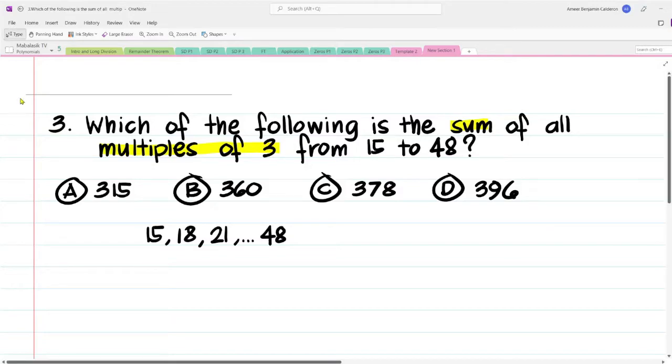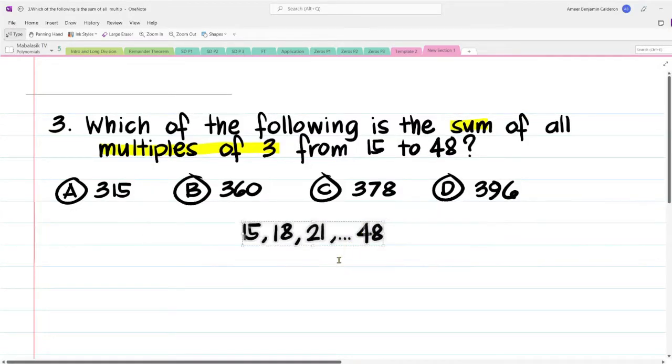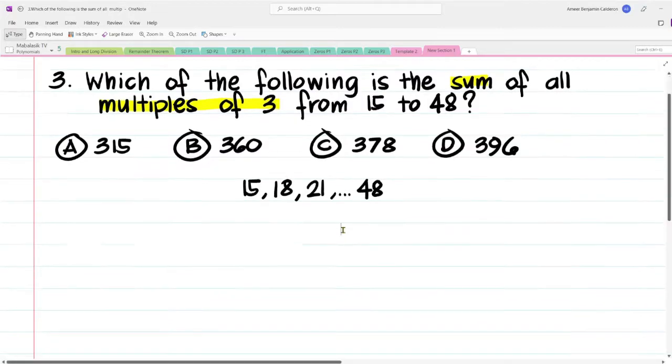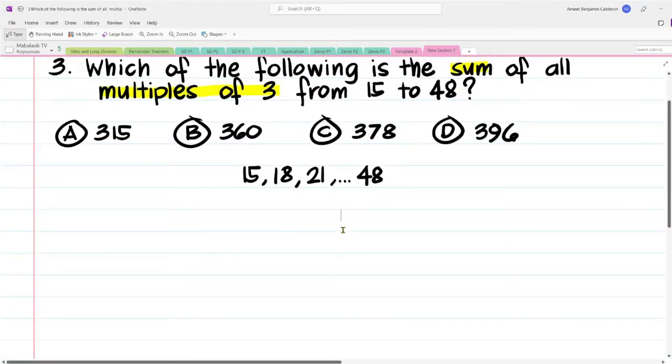Now, the first question is, how many multiples of 3 are there from 15 to 48? Ilan lahat yan? Kasi kailangan nating makuha yung sum, so kailangan alam muna natin ilan lahat yung mga terms dito sa sequence na nabuo natin, which is obviously arithmetic.